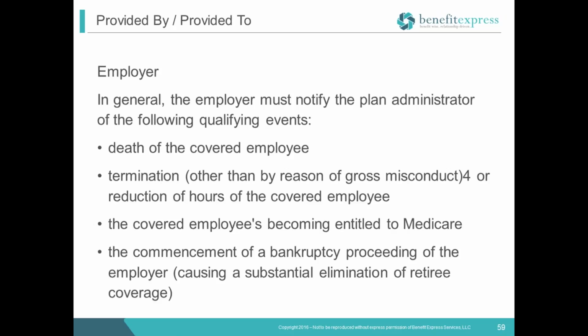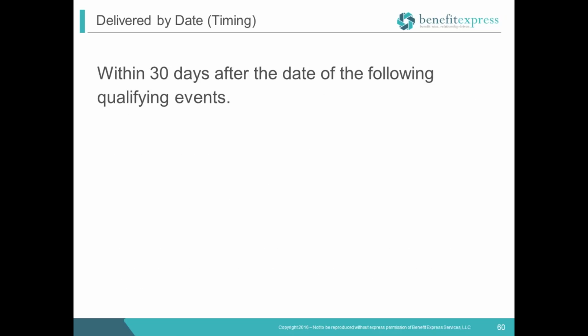In general, the employer must notify when there's a death of an employee, termination, or reduction of hours, except by reason of gross misconduct, the employee becoming entitled to Medicare, or the commencement of bankruptcy. And this notice must be given within 30 days after the date of the events that you just saw.